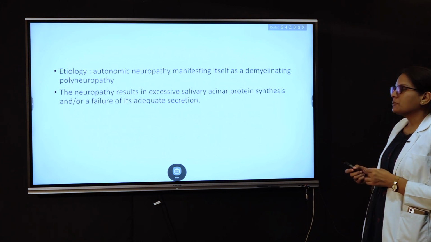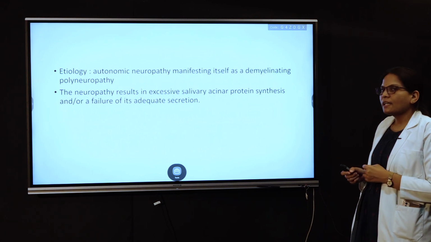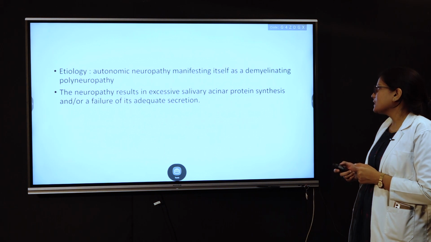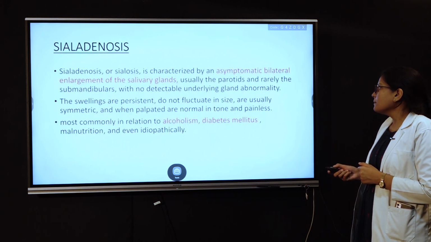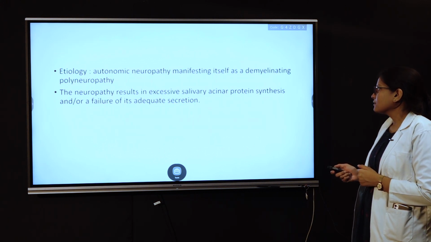The etiology has been found to be autonomic neuropathy manifesting itself as a demyelinating polyneuropathy. The neuropathy results in excessive salivary protein synthesis or a failure of its adequate secretion, altogether manifesting as an asymptomatic enlargement of your salivary glands.